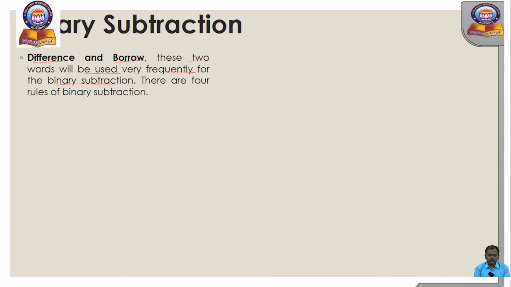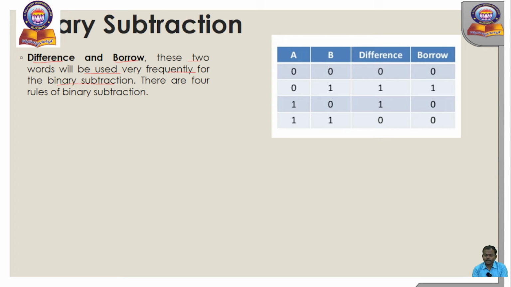Again there are 4 rules for binary subtraction. If both numbers are 0 and 0, that is 0 minus 0, so the difference is 0 and borrow is 0. The second is 0 and 1, so I have to subtract 0 minus 1, which is not possible.